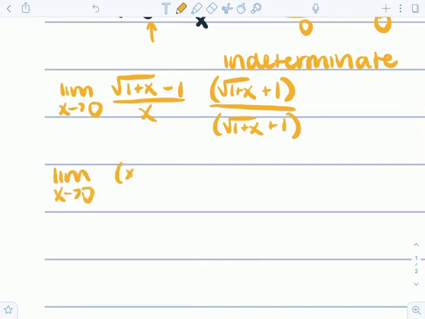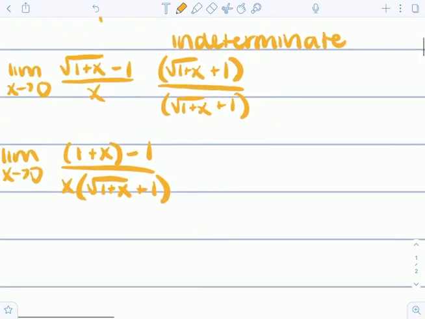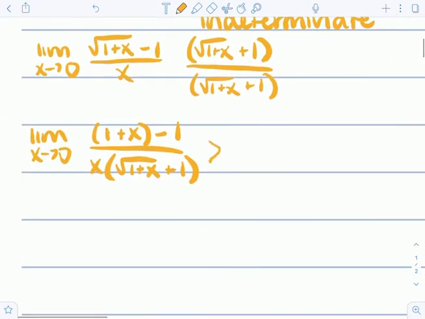So next step, limit as x approaches 0. The top part would just be 1 plus x minus 1, over x times the square root of 1 plus x plus 1. Cool. Now we can simplify, or actually, no, we only need to simplify the first part.